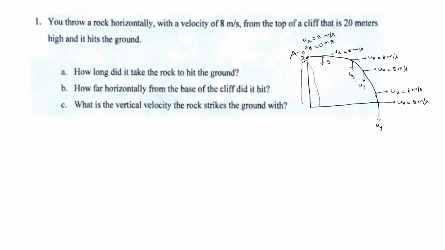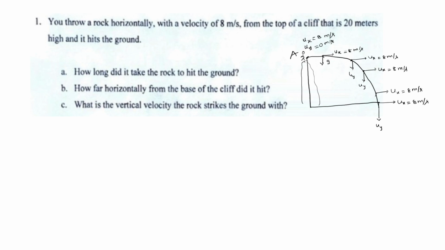Okay, now remember, for projectile motion bodies we need to calculate both the horizontal component of velocity and the vertical component of velocity. When you are taking the horizontal direction, we need to use all velocities and displacements which are confined to the horizontal direction.